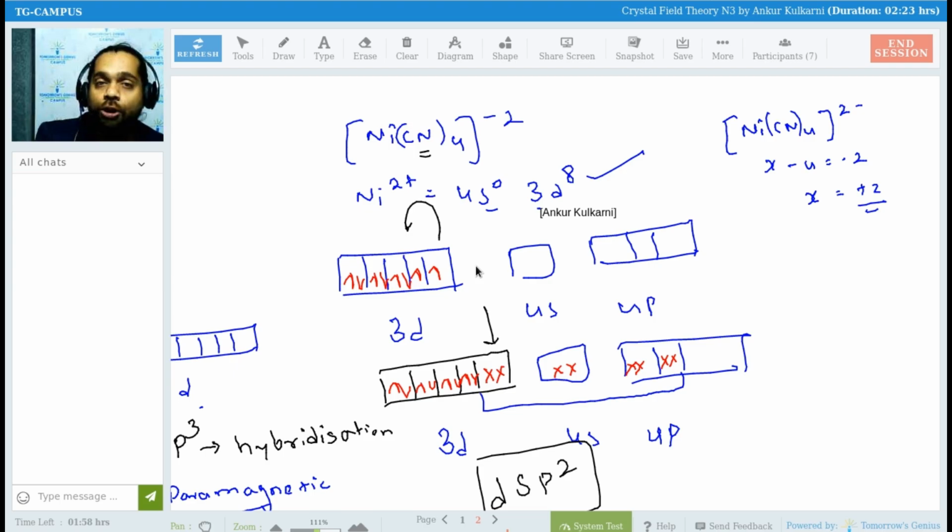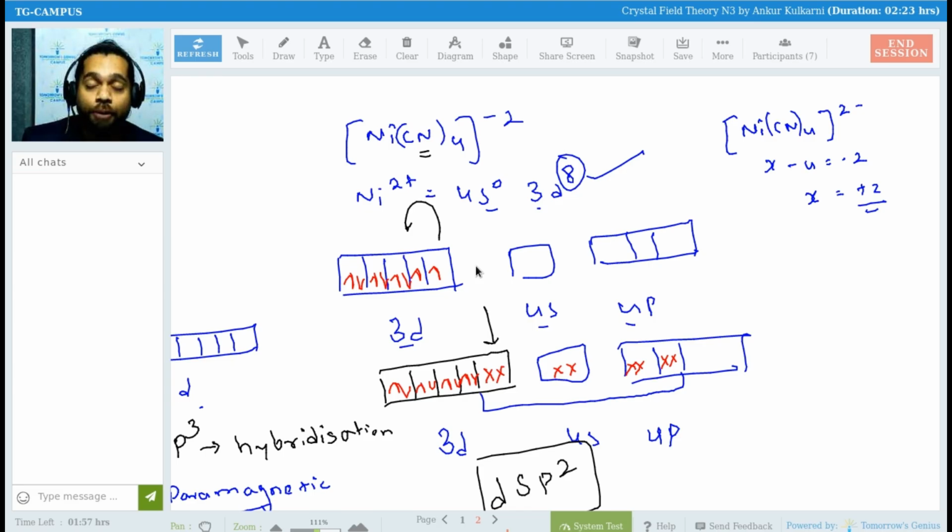Now again, we go in the same order. 3d, 4s, 4p. Okay, I have drawn the 3d orbital. In the 3d, I have put the 3d8. Then we have a strong field ligand. Now, it is not necessary that every time everything will be paired. What if we have odd number of electrons?